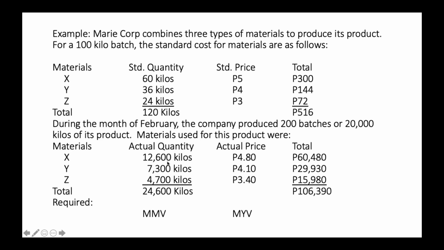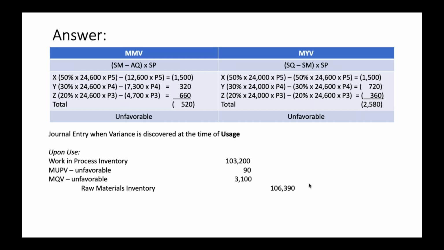The actual quantity is 12,673 and 4,47. So in short, the total raw materials credited is 106,390. Again, why did we use actual price and actual quantity? Because the variance is discovered upon use. So the credit for raw materials is the actual price at the actual quantity.